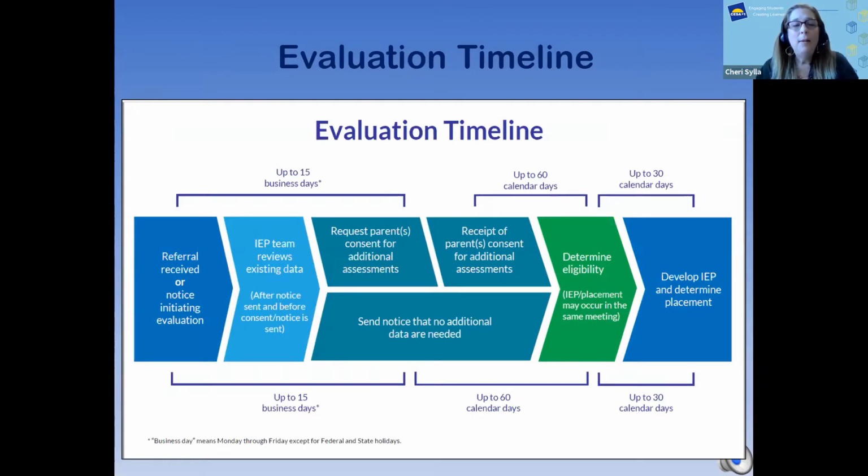So you'll see at the far left, a referral is received or notice initiating the evaluation. And then above the continuum, you'll see up to 15 business days. So the school has up to 15 business days. That doesn't mean calendar days. If I made a referral today, it would be 5 days next week, 5 days the next week after that, and then into that following week until I hit day 15.